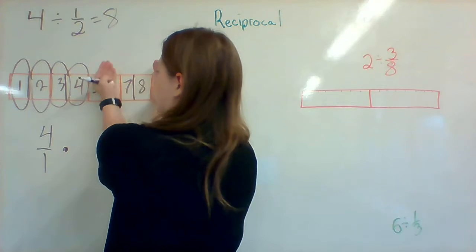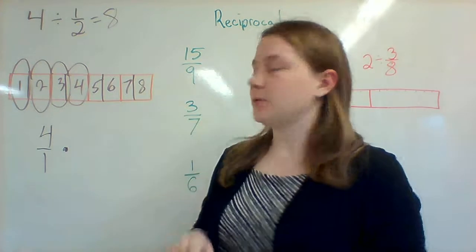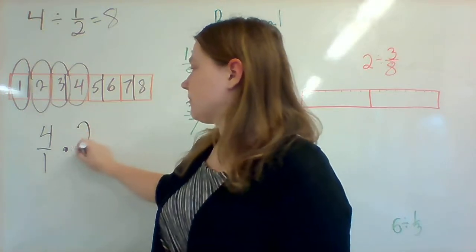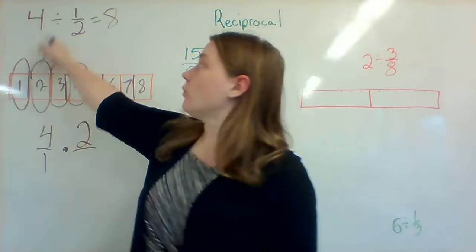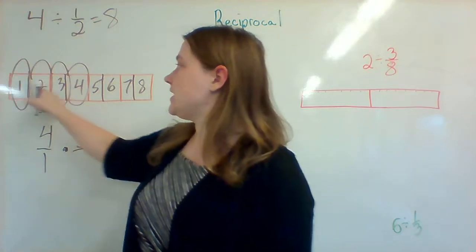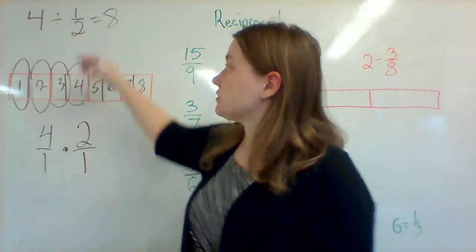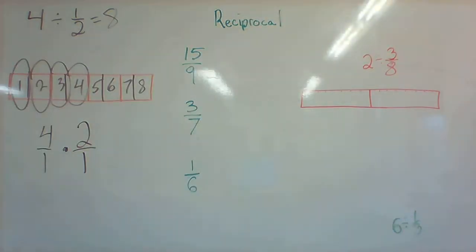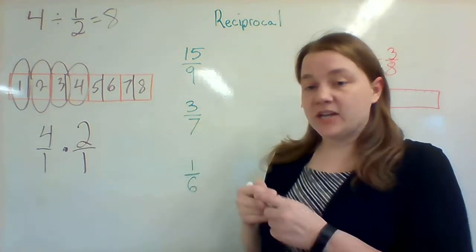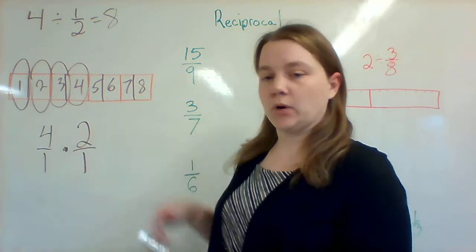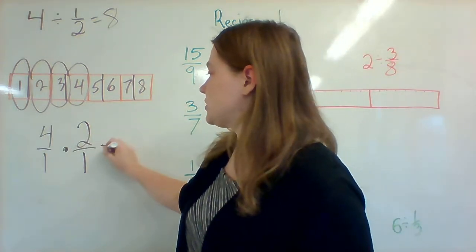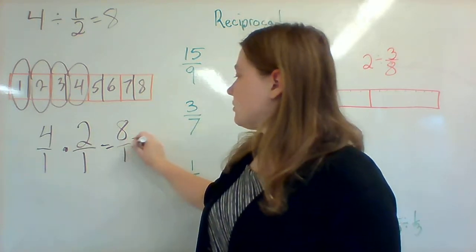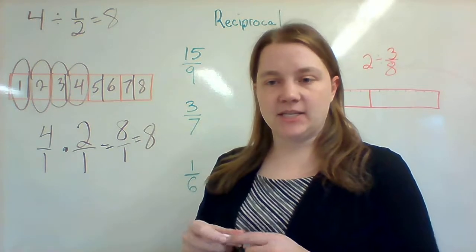Every one section got split up into 2, so that denominator became the numerator. Then I took 1 piece of each of those sections, so the numerator in the second number became the denominator. So I multiplied 4 times 2, which is 8, and 1 times 1 on the bottom is 1, so my answer was 8.